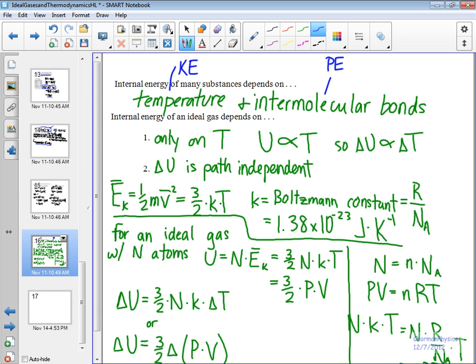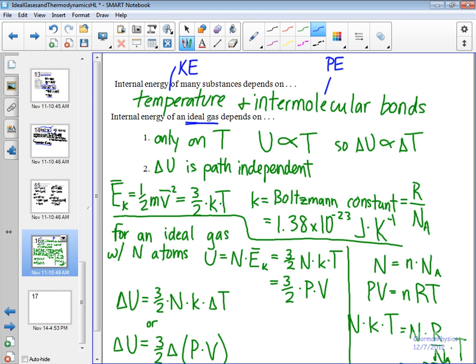So, internal energy of an ideal gas depends on only temperature. Why? Because we ignore potential energy. That's a big idea for an ideal gas. Remember, the kinetic theory of an ideal gas states that there are no intermolecular forces at work, so we must ignore them.